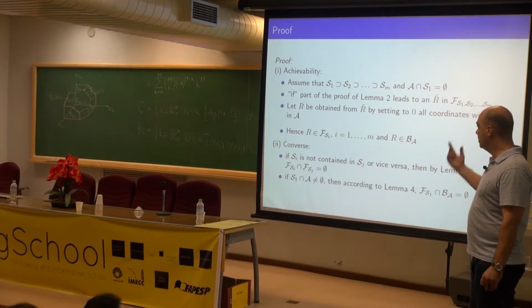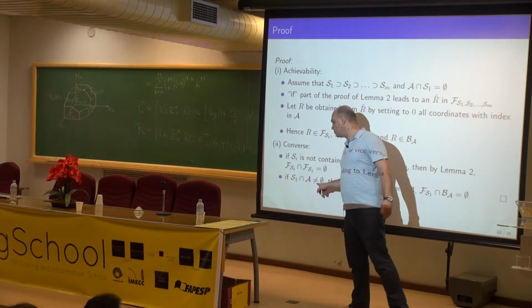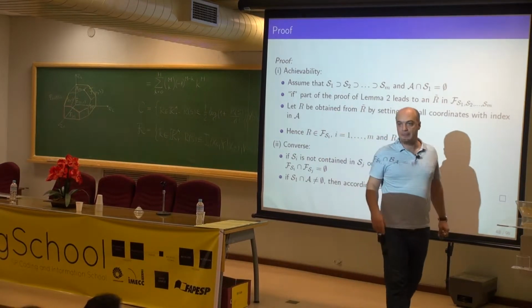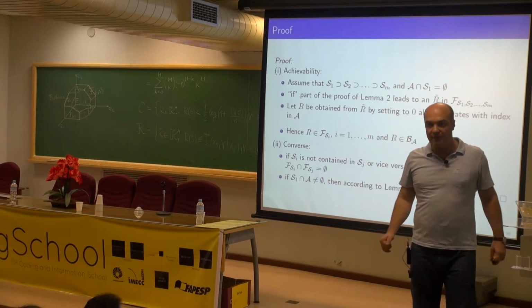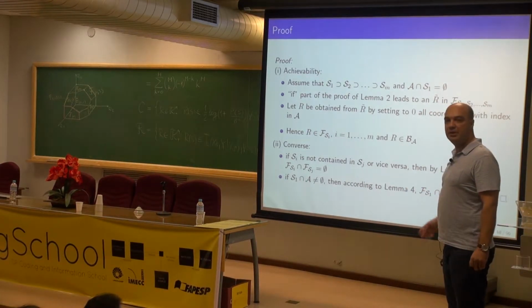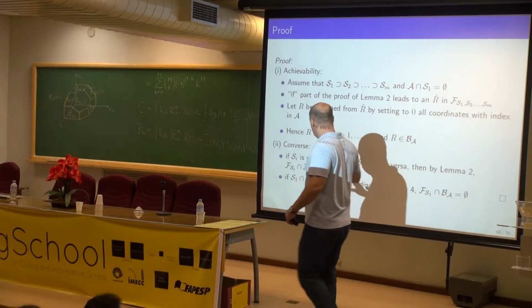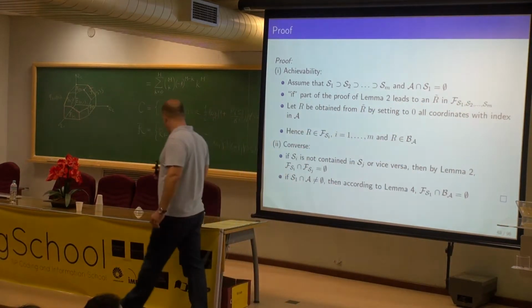So they don't intersect. And the same thing here: on the contrary, if this happens to have a common element with A, then we're immediately out of lemma 4. That's why we must have fulfilled all these lemmas.